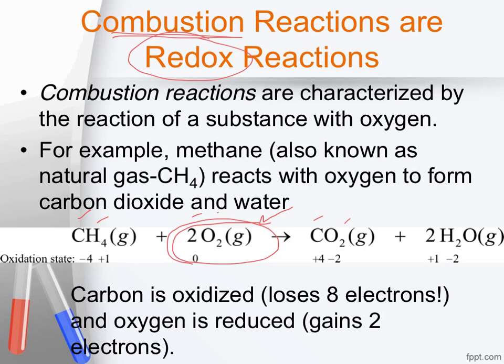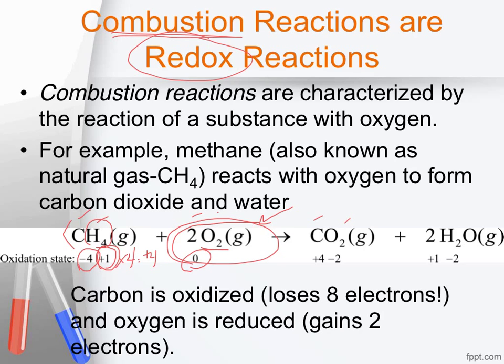So this is how I would go about assigning them. Hydrogen, remember, has an oxidation number of +1 unless it's bonded directly to a metal, which it's not here. And in order to keep this overall compound neutral, that means carbon has to have an oxidation number of -4 because there are 4 hydrogens. This is oxygen in its elemental form, so its oxidation number is 0.